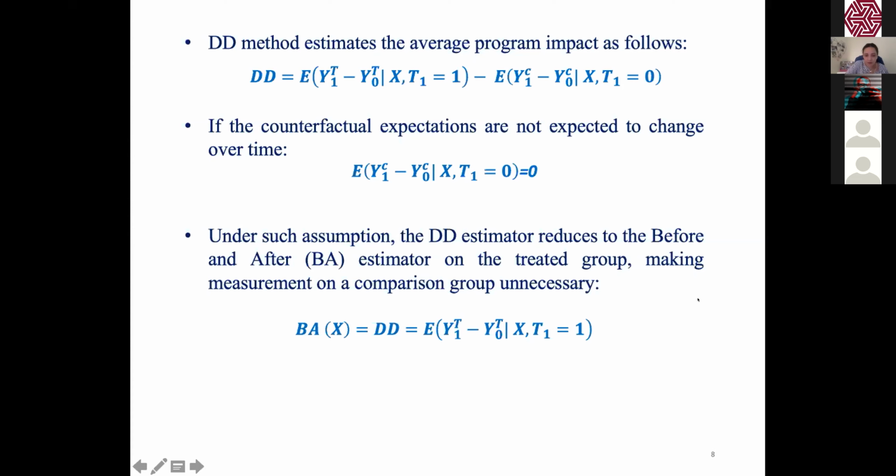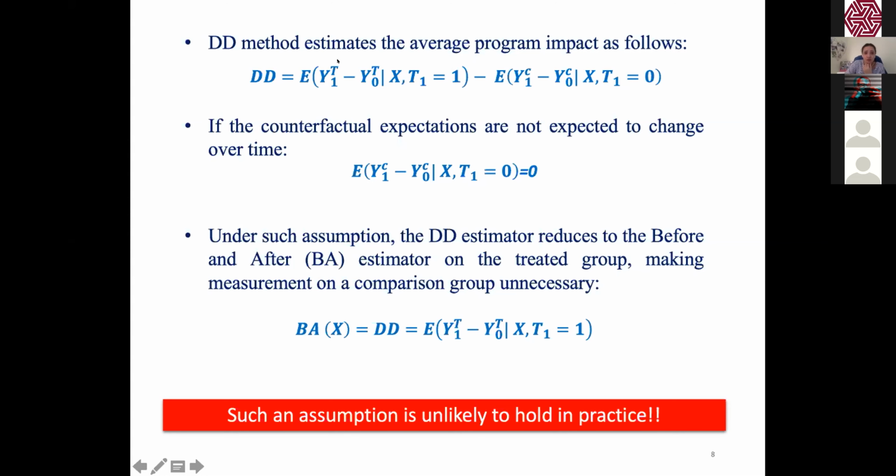But if it is verified, in this case, the difference in difference would be simply the before and after estimator, which is the difference in outcome of the consumption of fruits of the household beneficiary from Takaful after 2015 minus their consumption of fruits before 2015. Is it clear till now? Okay, if you have any question or anything, please just ask.